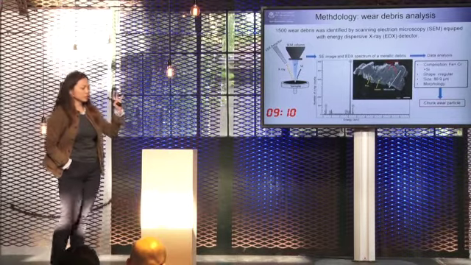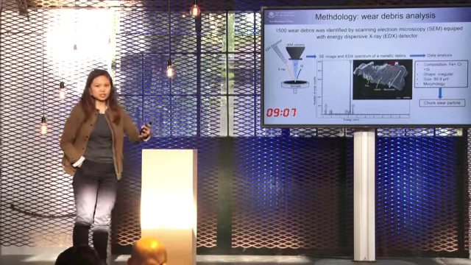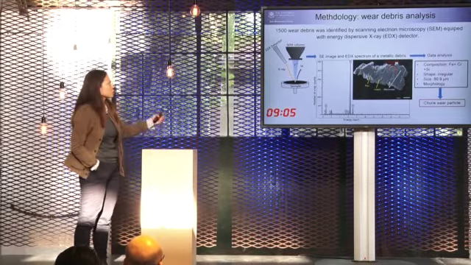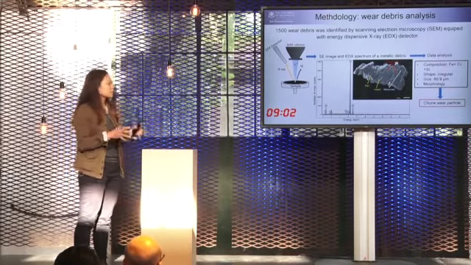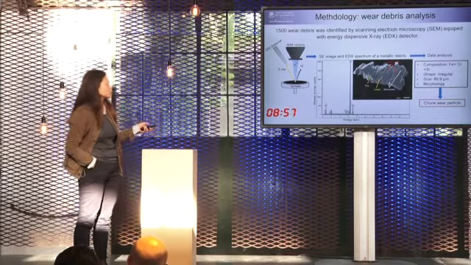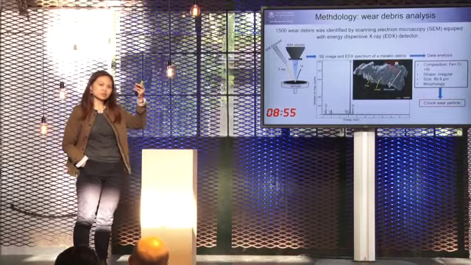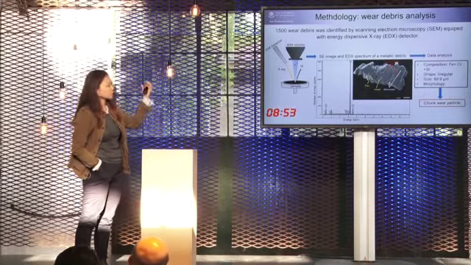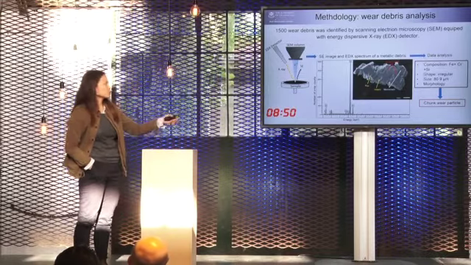This is a very simple diagram of what scanning electron microscopy is, if you don't know. We prepare the sample, collect the wear particles, coat them, and put them into the vacuum chamber. Then a focused electron beam scans the sample. The secondary electron image gives the morphology and topography of the sample, and an EDS detector sitting at the side captures the X-rays, which tell us the composition.